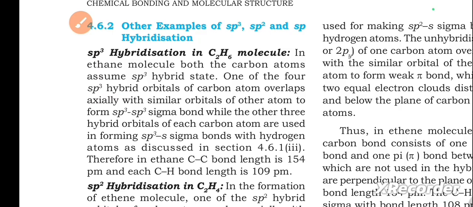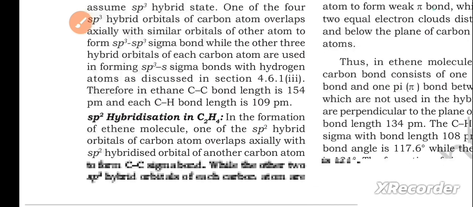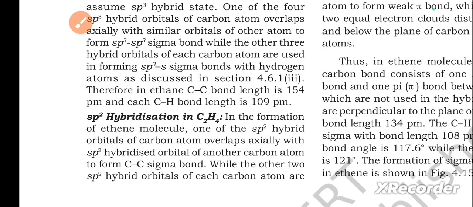One of the 4 sp3 hybrid orbitals of a carbon atom overlaps axially with a similar orbital of the other atom to form an sp3-sp3 sigma bond, while the other 3 hybrid orbitals of each carbon atom are used in forming sp3-s sigma bonds with hydrogen atoms as discussed in section 4.6.1. Therefore, in ethane, the C-C bond length is 154 pm and each C-H bond length is 109 pm.